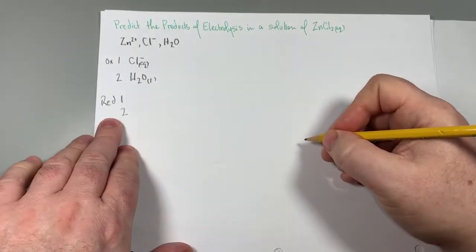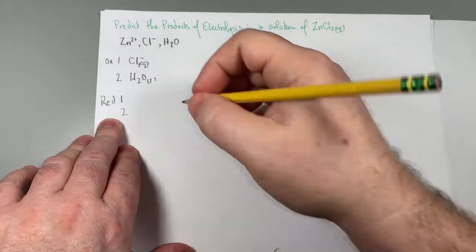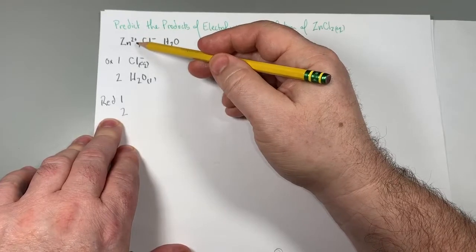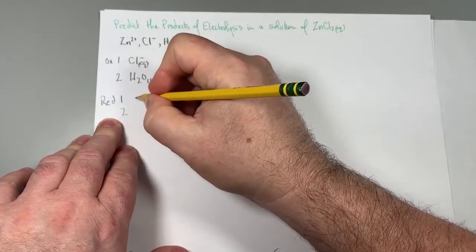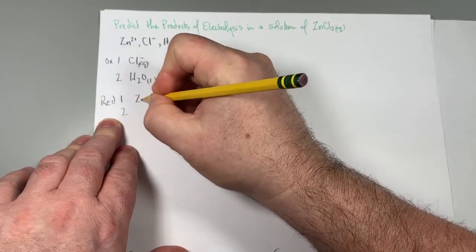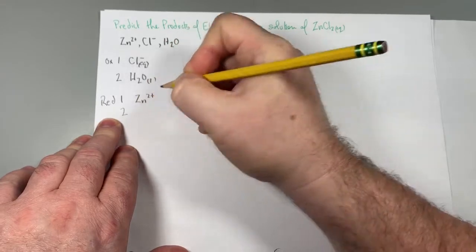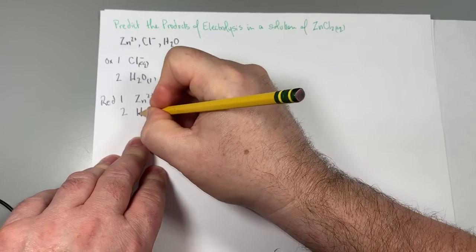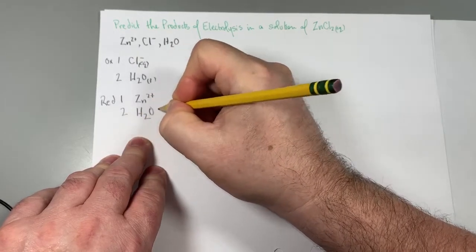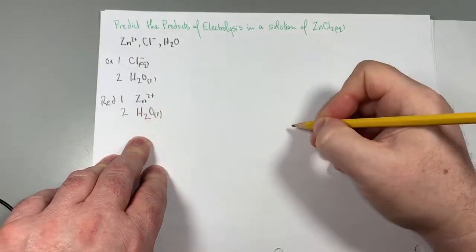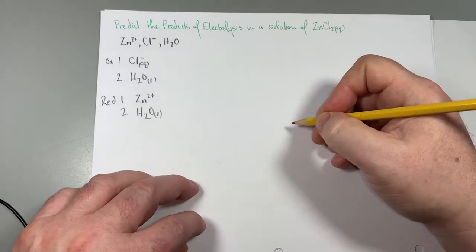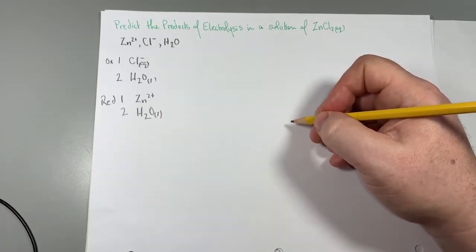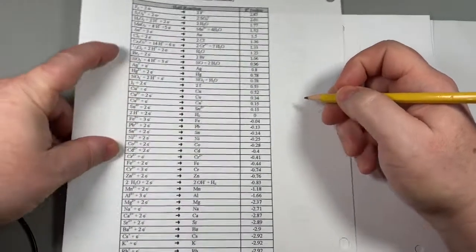For possible reduction, reduction is gain, so the positive ion is naturally going to gain electrons easily, so Zn2+ is a possible reduction, and water can possibly be reduced as well as oxidized. Now I just need to find the appropriate reactions on the table of standard reduction potentials.